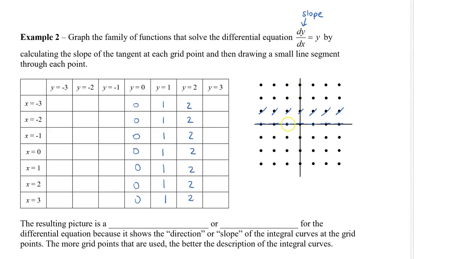That gives me a slope of 2, so I'm going to match it to this point here. I want to draw a line that has this slope, which I've drawn in gray. I'm going to erase this and then draw it in blue, because I want to just draw a short one. Again, use your ruler and line it up so that it matches this point. Then for all the points, no matter what the x value is, when y is 2, the slope equals 2, because it's only dependent on y.